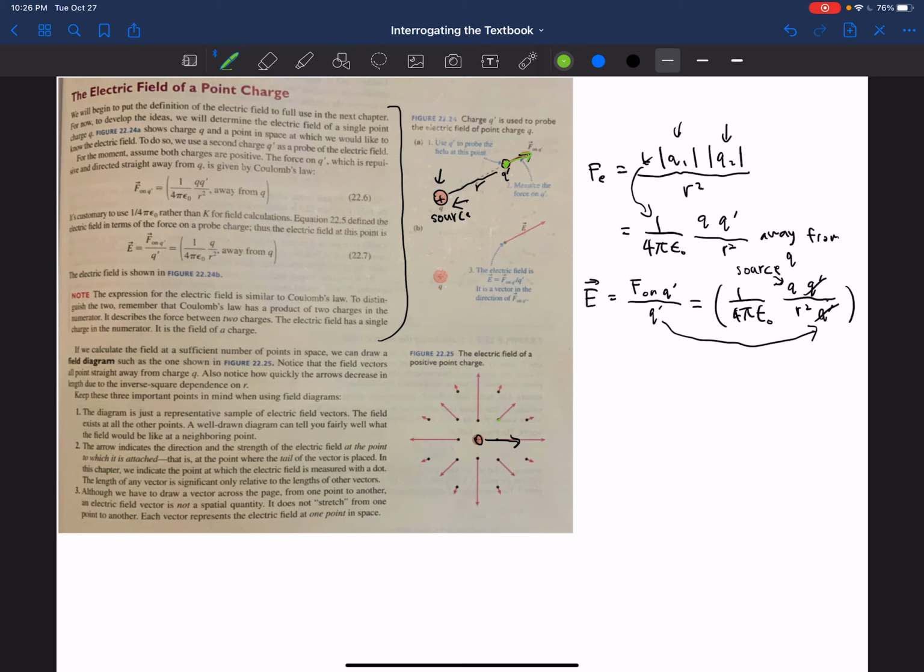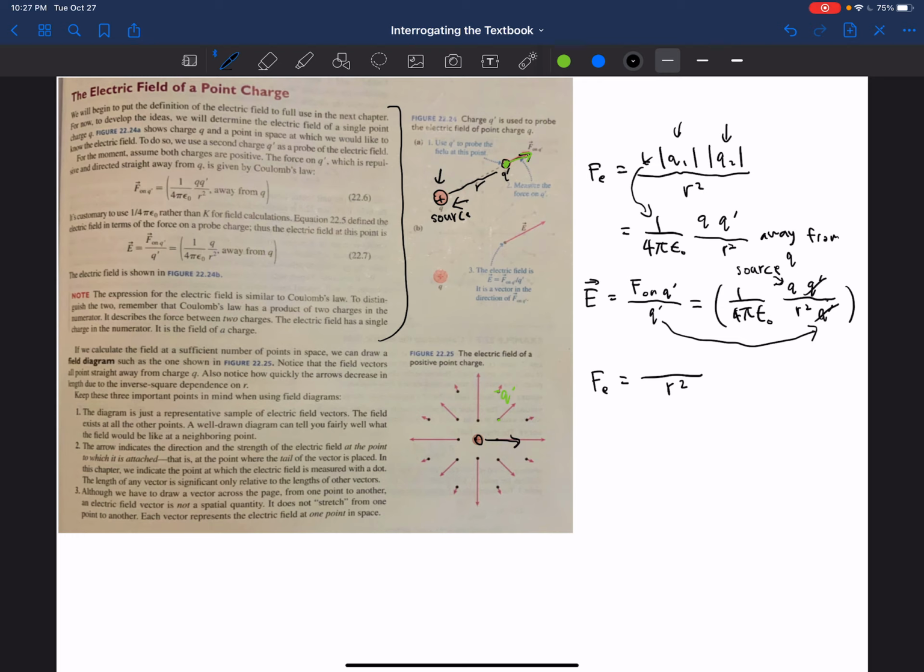So essentially, these are all q primes, except at different locations. It's also saying that, based on Coulomb's law, the force decreases as the distance gets bigger, since it's r squared on the bottom.